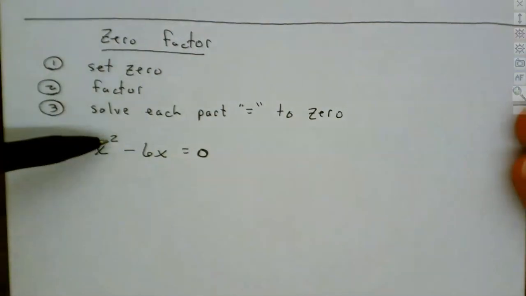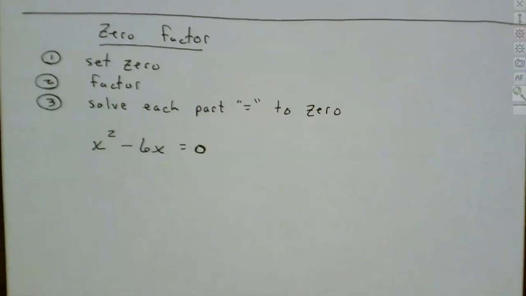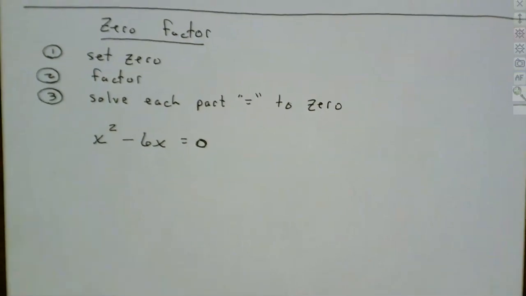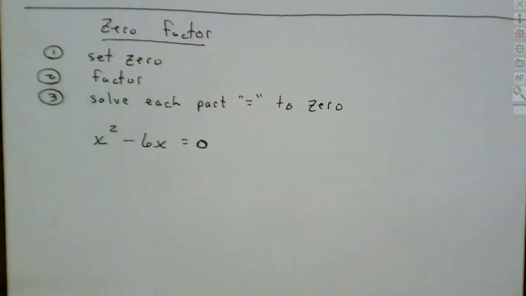And in this case, what's our highest power? 2. So that tells you how many answers you can have at most. Now, sometimes you may only have one answer, but we could have up to 2. If that power would have been a 3, we could have up to 3 answers. But the highest power dictates how many solutions you can have at most.